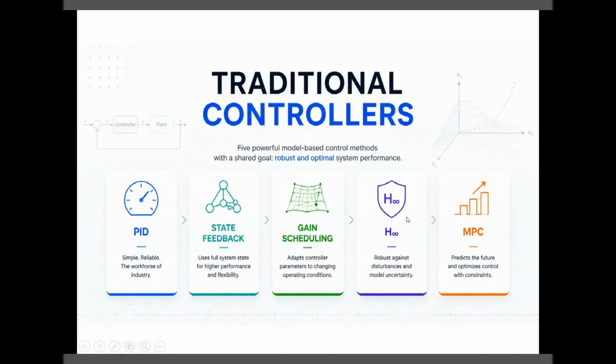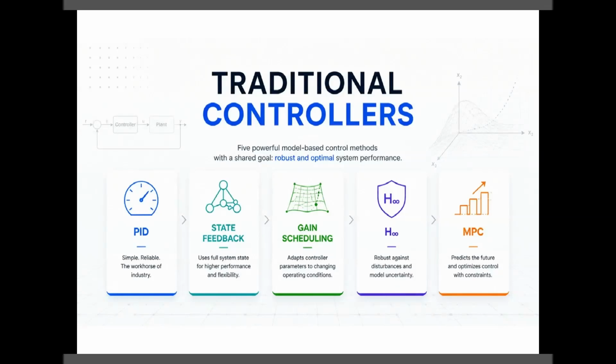After that, we will discuss H-infinity control, a robust control technique designed to maintain performance even in the presence of disturbances and model uncertainty. Finally, we will explore model predictive control, or MPC, a powerful optimization-based controller that predicts future system behavior while explicitly handling constraints.